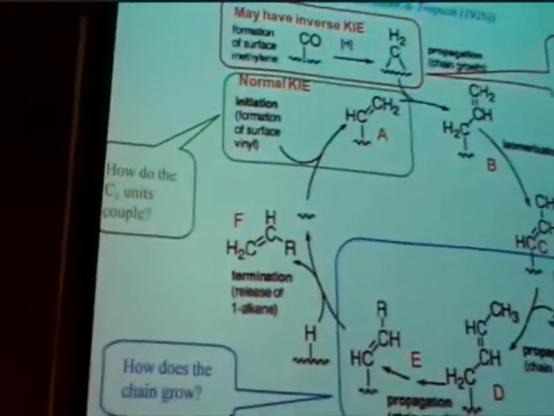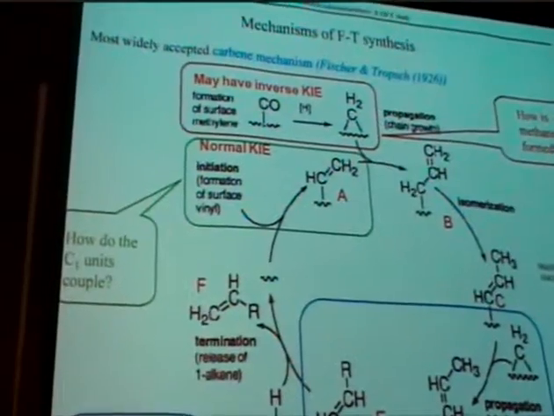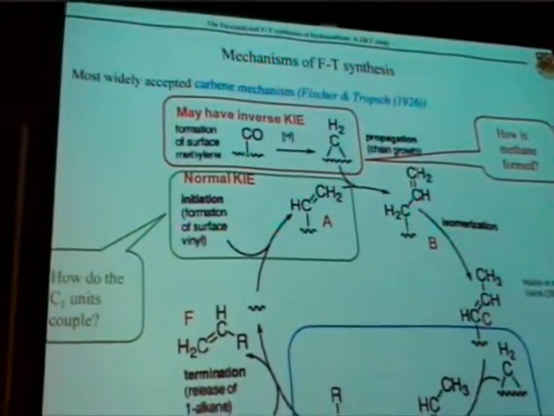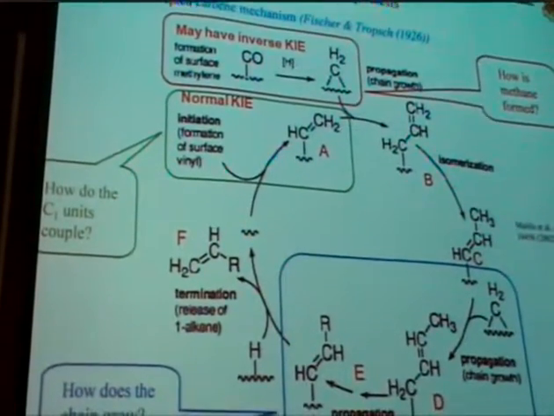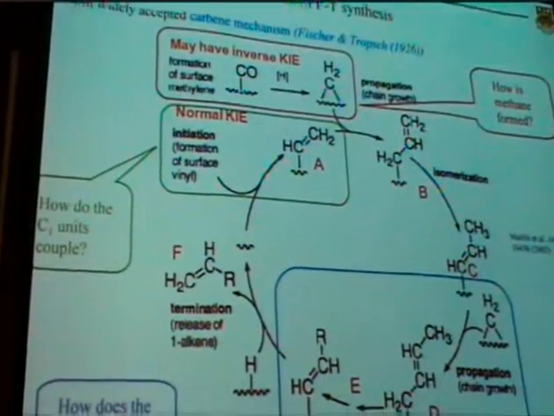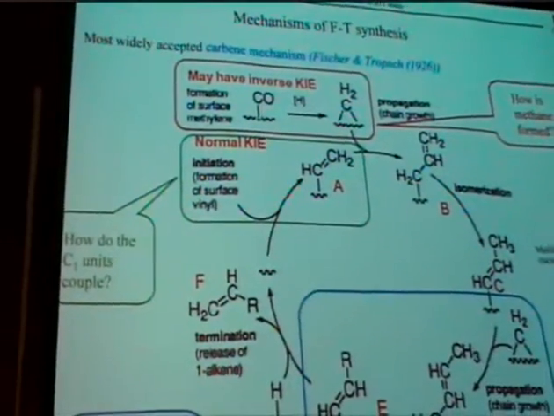This one for Fischer-Tropsch is a similar mechanism, by Maitlis, and it's quoted frequently. However, only the formation of CH2 gives you the required inverse isotope effect.